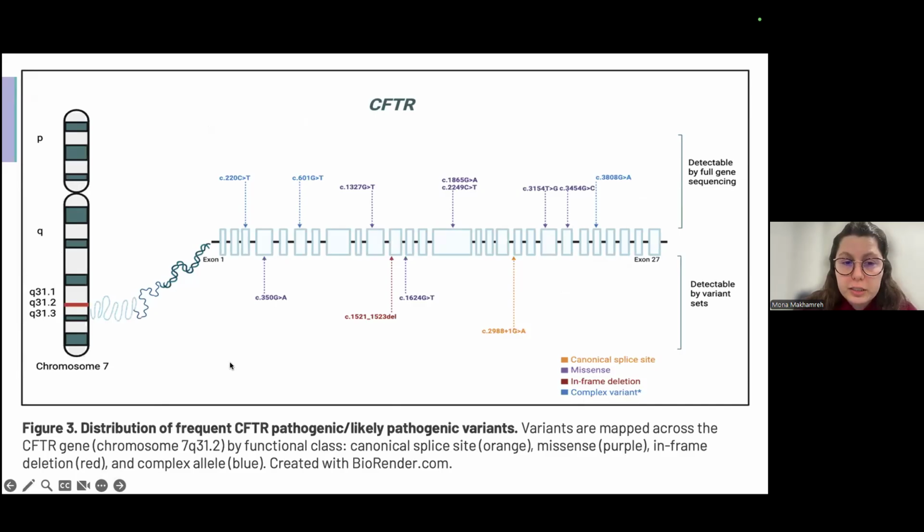The CFTR gene is made of 27 exons. And in this region, we illustrate the most frequent variants that were detected by full gene sequencing versus the variants that are detected by variant sets. And they're all dispersed across the CFTR gene.